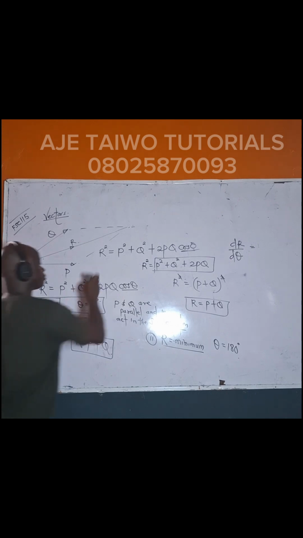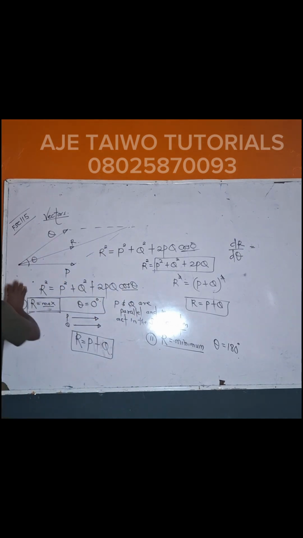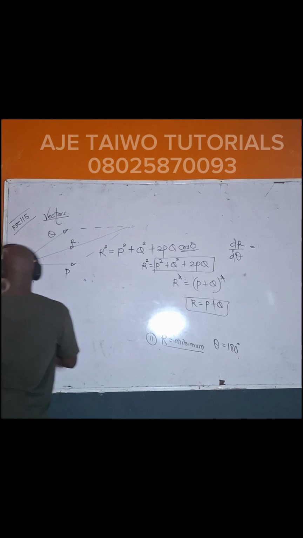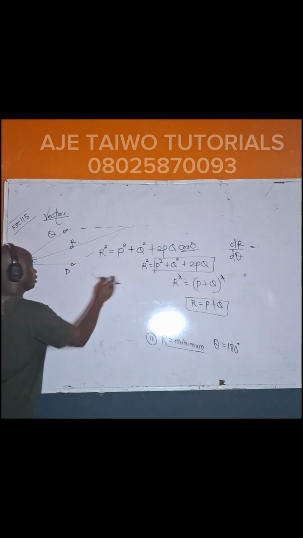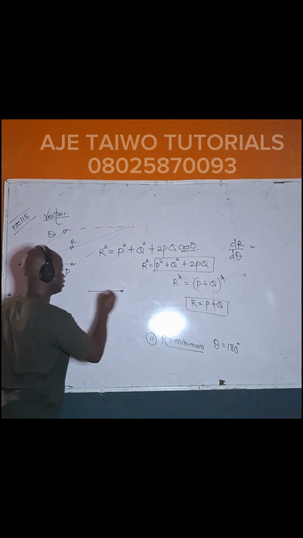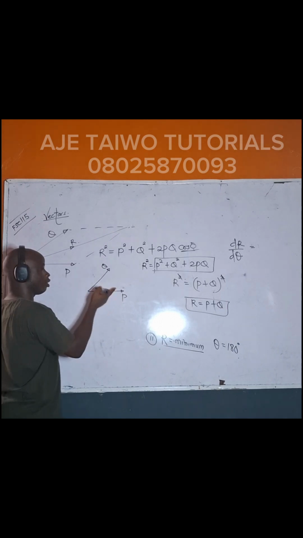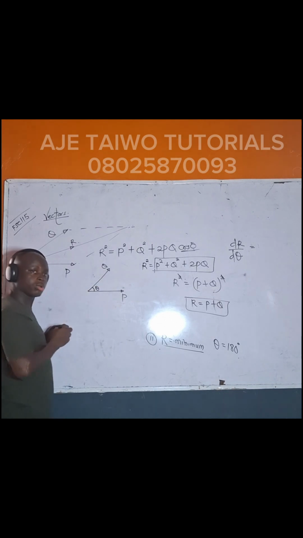Let me show you again. Look at it. This is vector P. This is vector Q. This is theta.